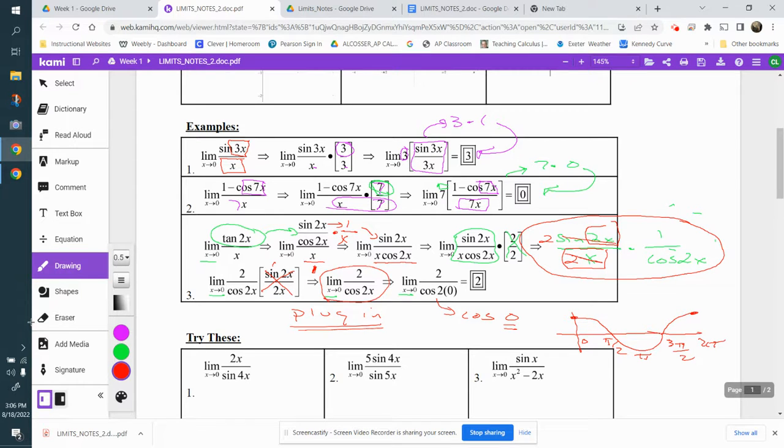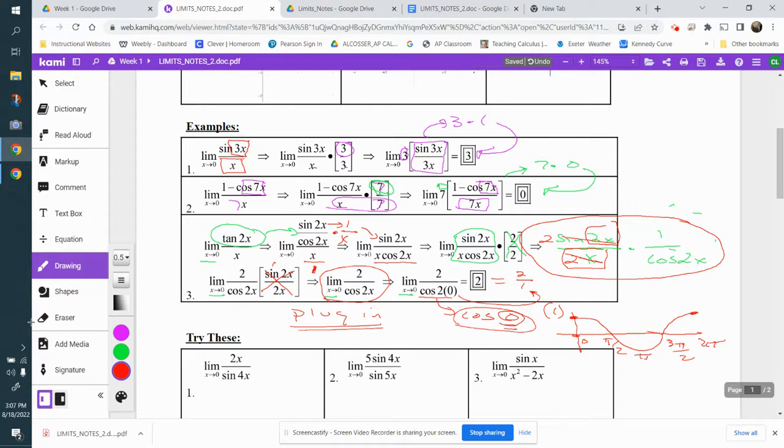I want to know what is the value at cosine of 0. Right here at 0, my cosine starts at 1, right? So really this becomes 2 over 1 because the graph of cosine at 0 is 1. That's why it becomes 1.